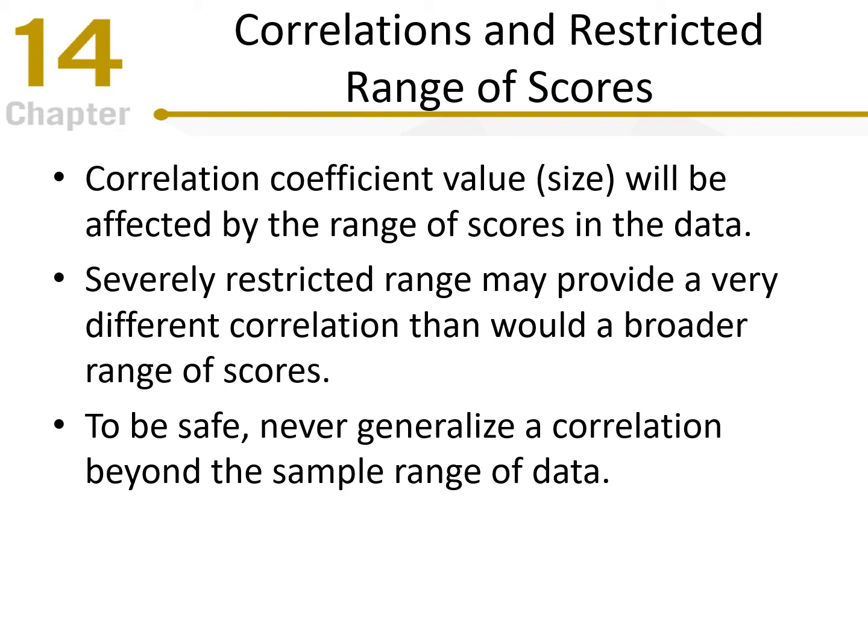So a restriction of range, which decreases the variability of scores, will generally also decrease the correlation coefficient. So be careful that you're looking at the entire picture and not just part of the picture. That means you're looking at all the data and not just part of the data.